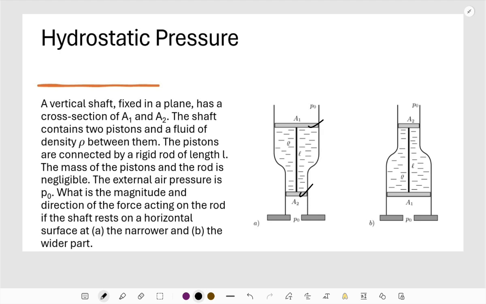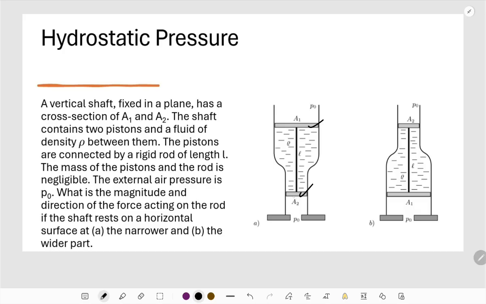What is the magnitude and direction of the force acting on the rod if the shaft rests on a horizontal surface? And that is an engineering problem. In the first case, narrower, and second in the wider.